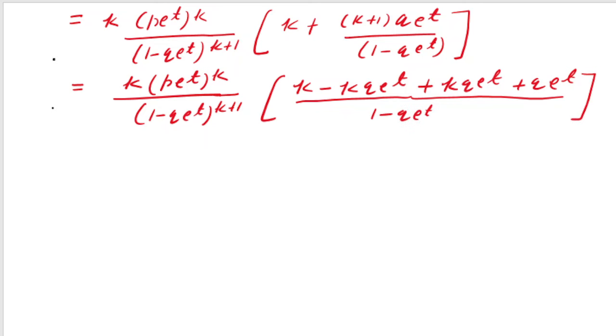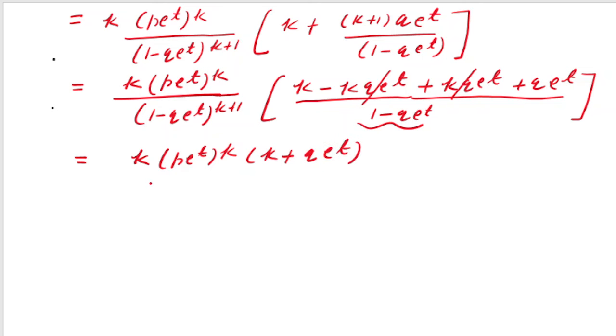Now we are at the final step. So this term and this term cancel. This is the same term as this. So from this I am getting k into p e to the power t whole to the power k, and from this I am getting k plus q into e to the power t, divided by 1 minus q e to the power t whole to the power k plus 2.